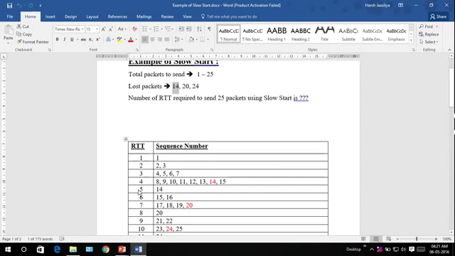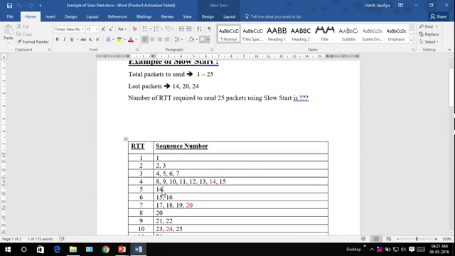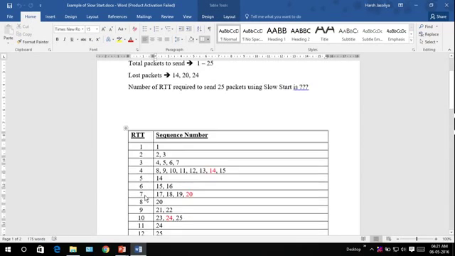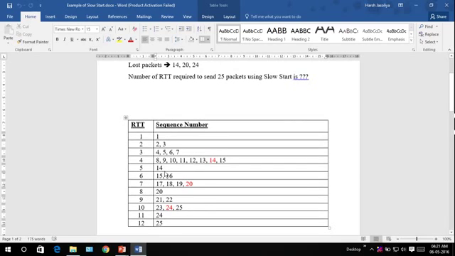So the 5th RTT will send only one packet, number 14, and after that it will increase exponentially till half the value of the previous one. So in the 6th RTT we will send 15 and 16.